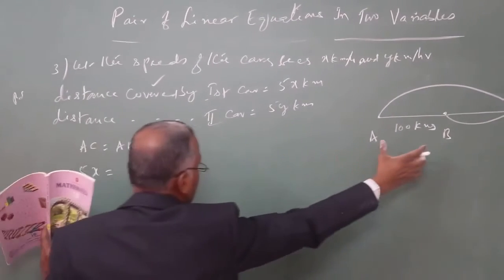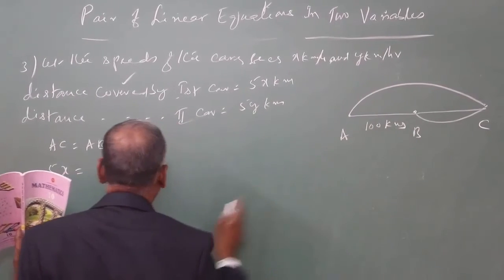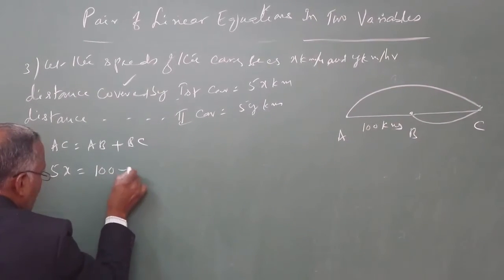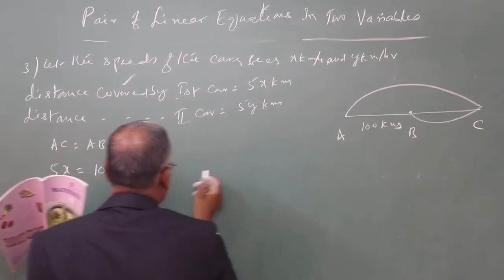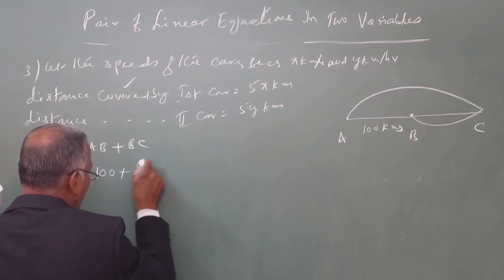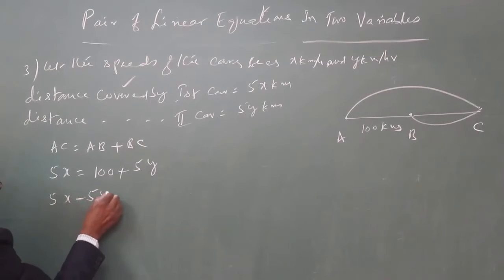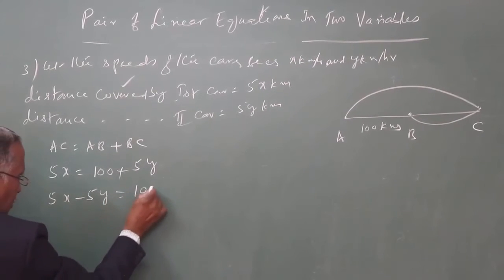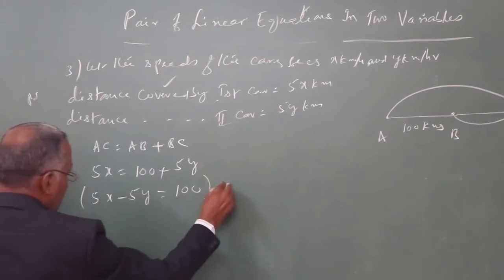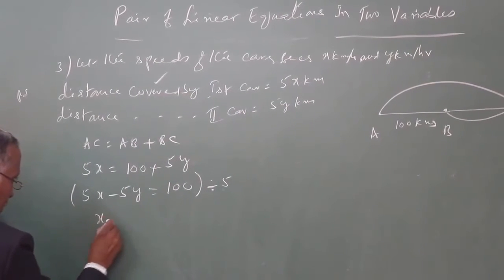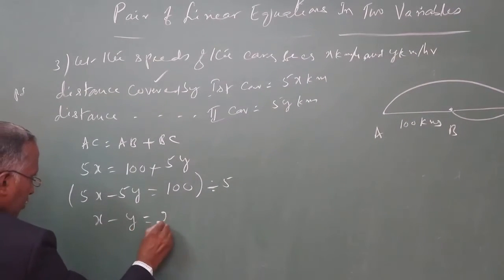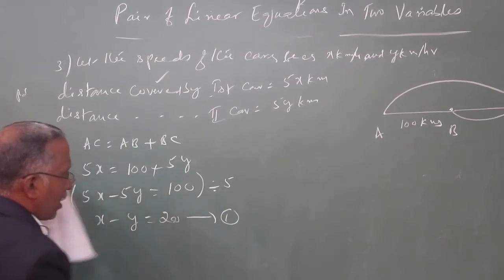AB is the distance between the two places, 100 kilometers. BC is the distance covered by the second car, 5y. If I solve this now, 5x minus 5y is equal to 100. If I divide this whole equation by 5, x minus y is equal to 20, equation 1.